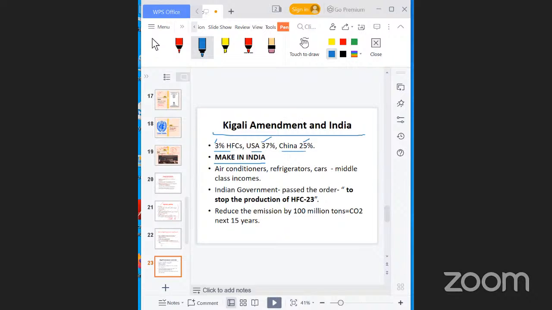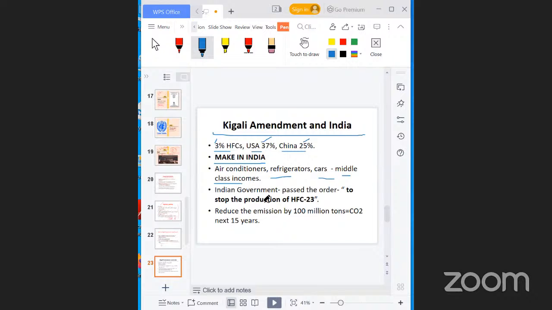It should also take into consideration the hot climate conditions and the growing demand for air conditioners, refrigerators, and cars, with growing middle class incomes, while implementing the program.